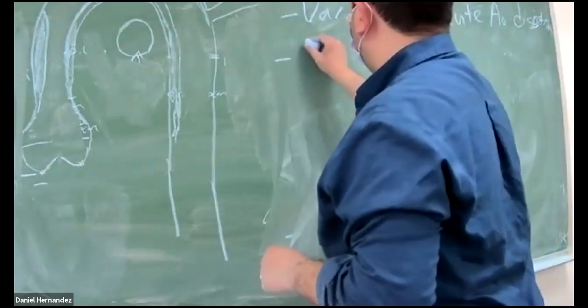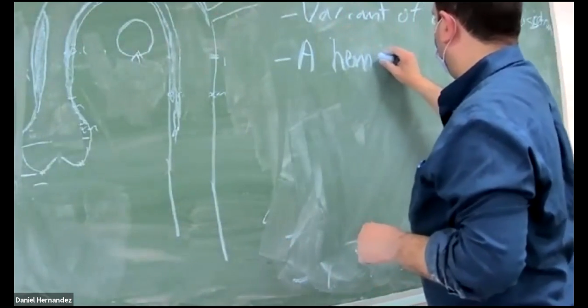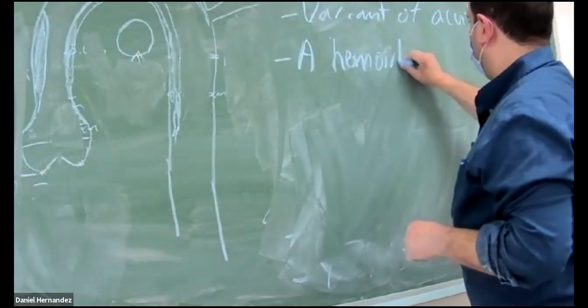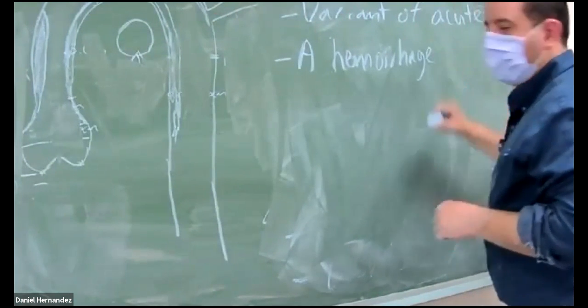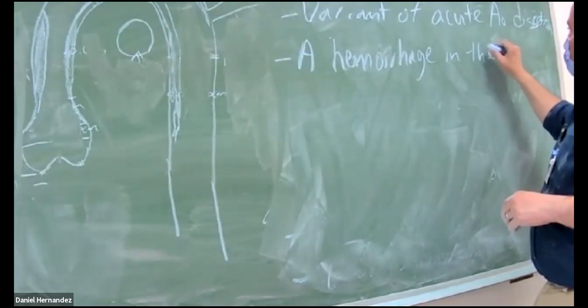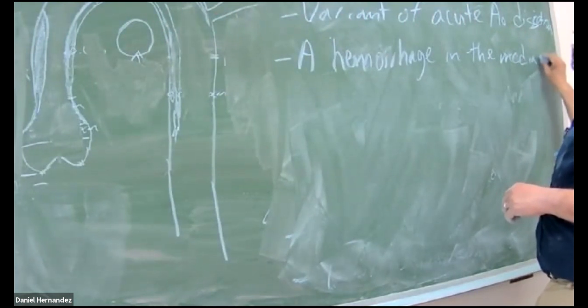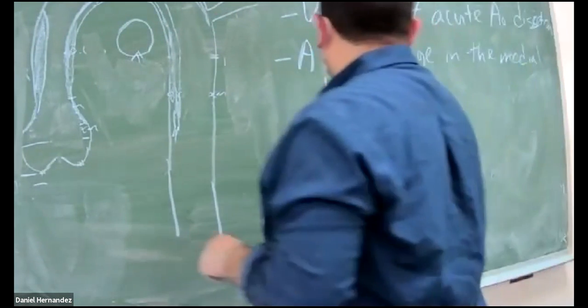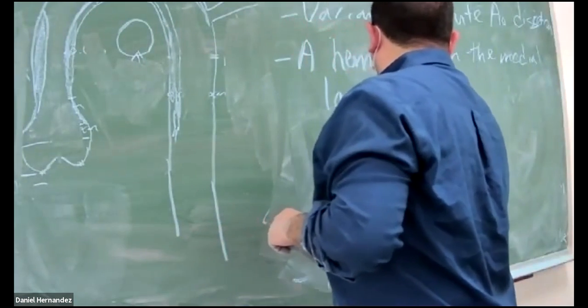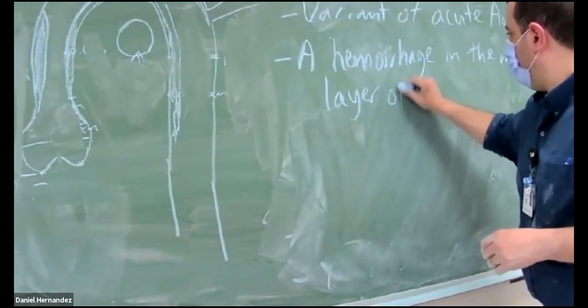So this is a hemorrhage in the medial layer of the aorta.